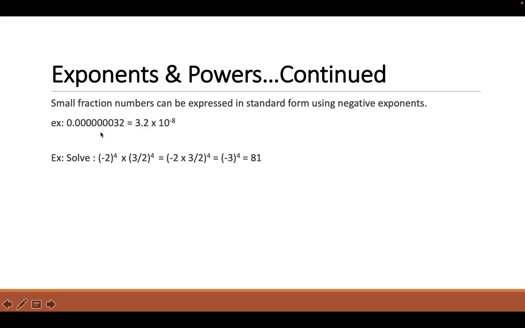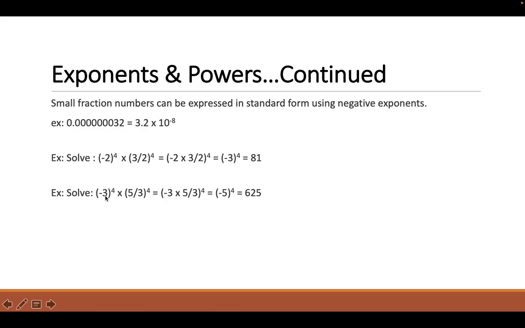Now let's solve it. Here the exponent is same, it's multiplied. So we will multiply the bases keeping the exponent same. This is going to be 4 times minus 3, so minus will go away, it becomes positive, and the value is positive 81.